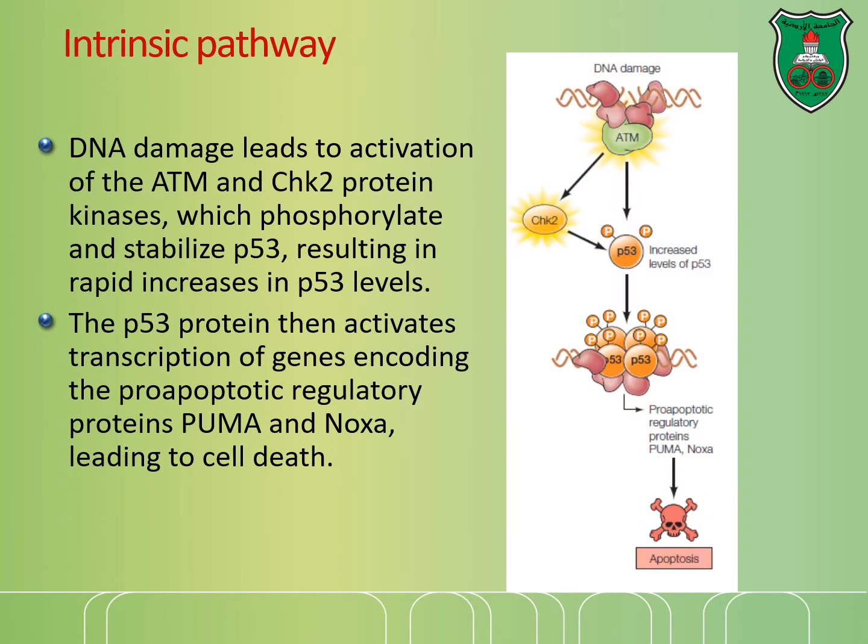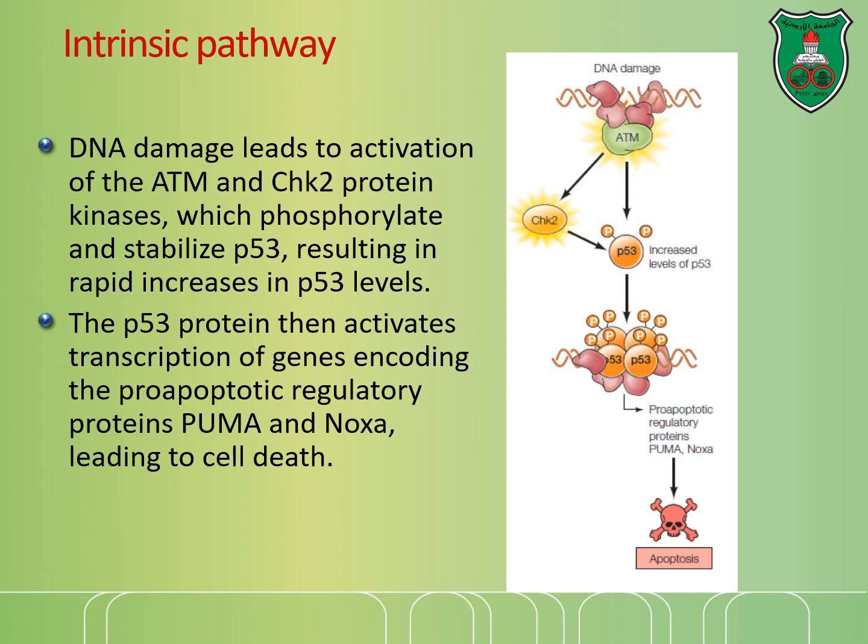So let's talk first about the intrinsic pathway and how it can be activated. What we have here is, let's say we have DNA damage and this DNA cannot be repaired. This damage is sensed by a protein known as ATM protein.